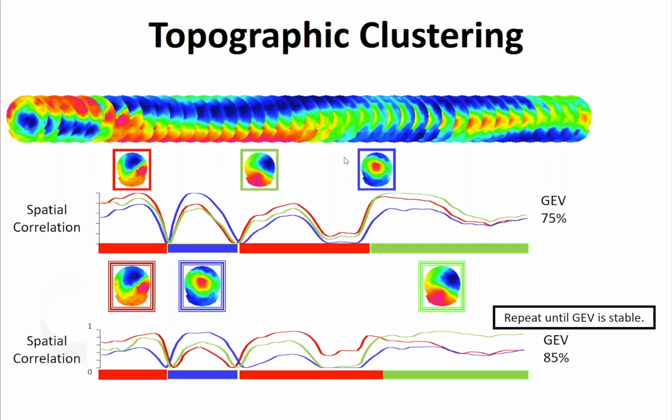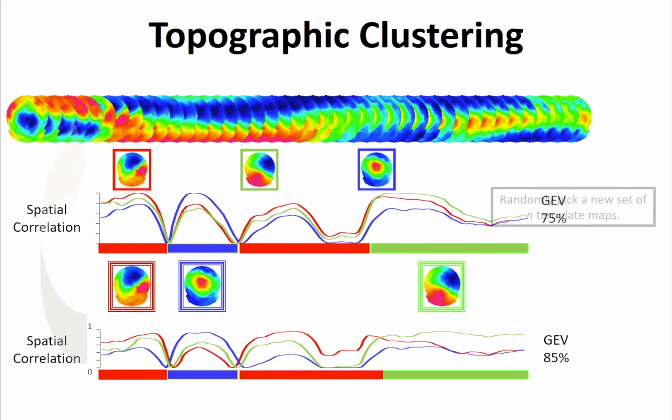Now, because I took 3 data points out randomly, it's quite possible that I took neighboring points that are already themselves highly related to each other or highly spatially correlated with each other. So I picked randomly very poorly. I didn't do a good randomization. So I have to repeat this same thing over and over again, taking n template maps, let's say 3, until I get the 3 that explain the most amount of the explained variance from my entire data set.